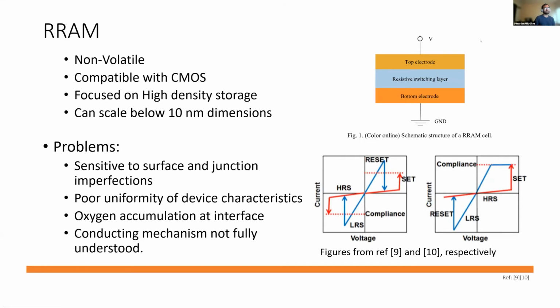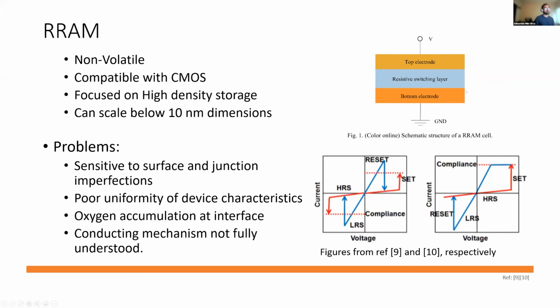So just as a really quick overview of how RRAM works, it's similar to MRAM in that we have two states, a high resistive state and a low resistive state, but the switching is done by applying a voltage across a dielectric.